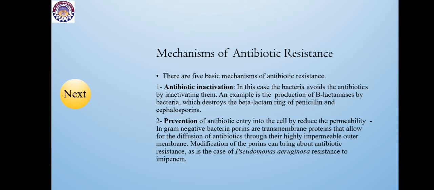They modify these porin proteins, making them narrower, so that the antibiotics cannot diffuse inside the microorganism and play their role. We have the example of Pseudomonas aeruginosa, which has resistance against imipenem by modifying its porin proteins.